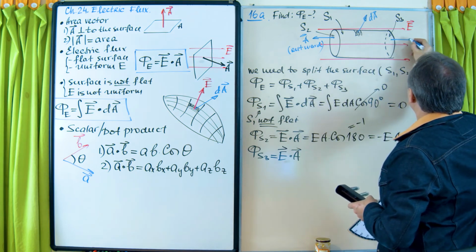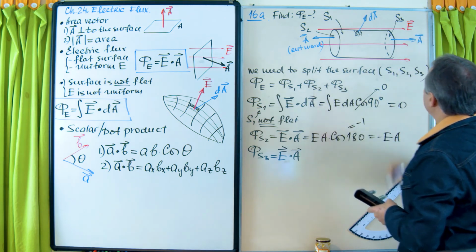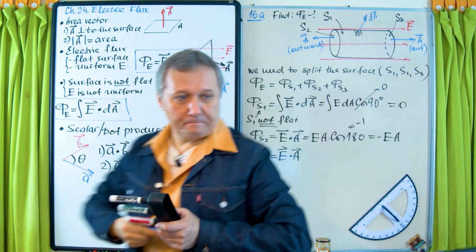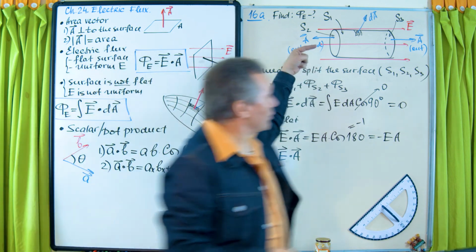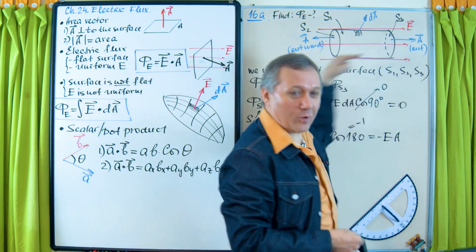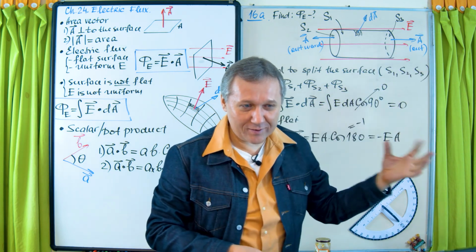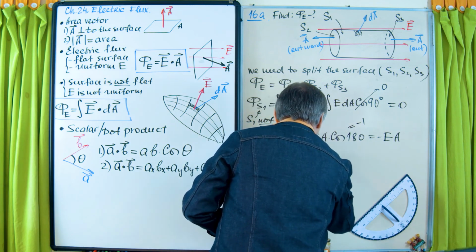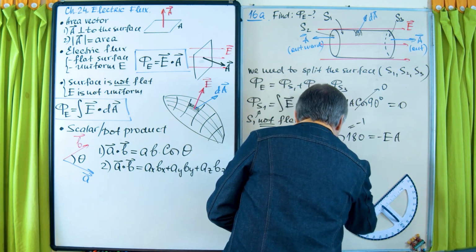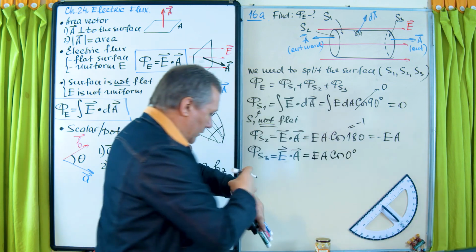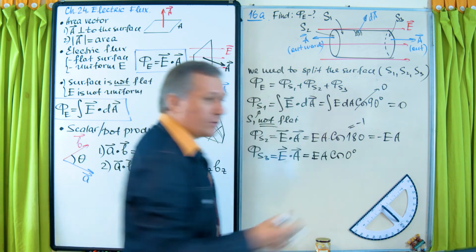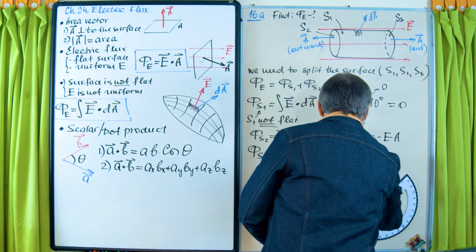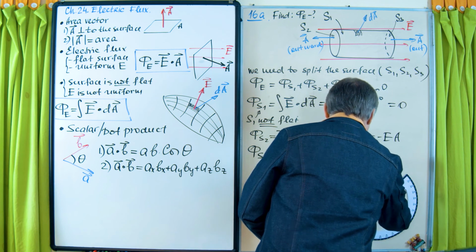So the direction of E is that way, and the direction of A is also that way. The angle between them is 0. So EA times cosine of 0 degrees, and cosine of 0 degrees is 1. So the flux is EA.